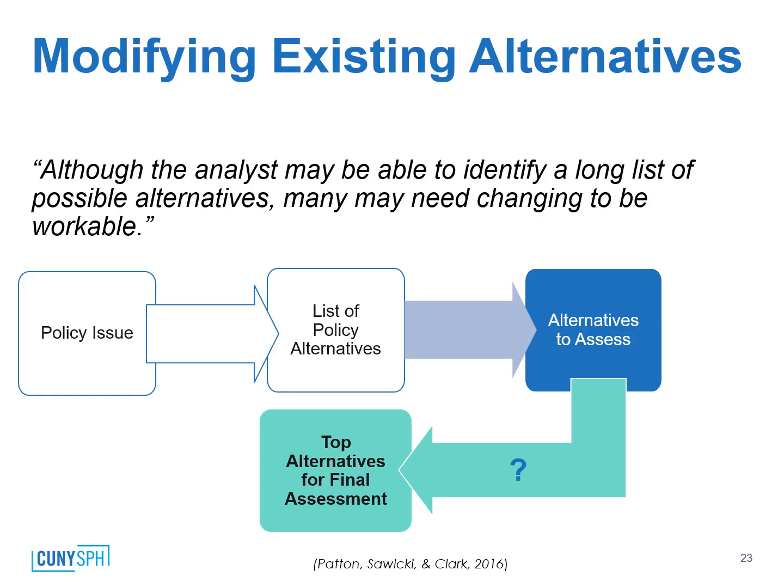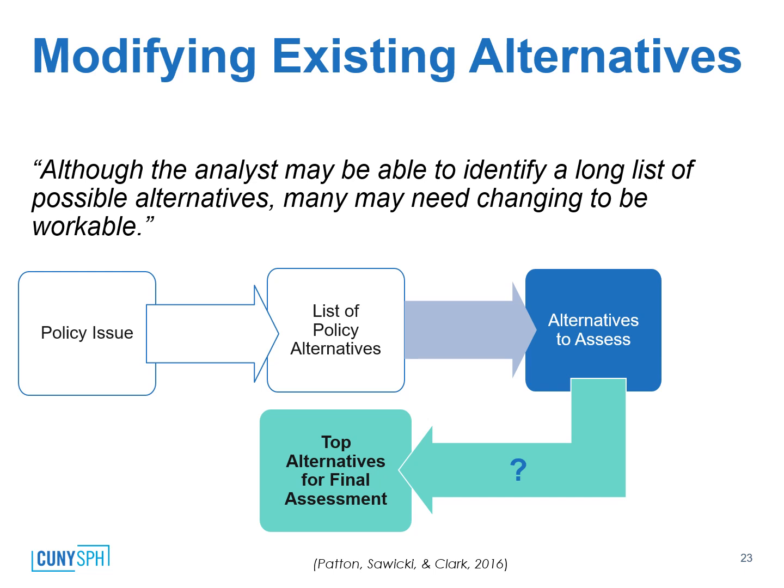Once you've compiled a list of possible policy alternatives, not all of them will be ready for immediate assessment. Patton, Sawicki, and Clark remind us that many alternatives may need changing to be workable. This process is about refinement, selecting the most promising ideas and adjusting them for feasibility, clarity, and alignment with available resources.